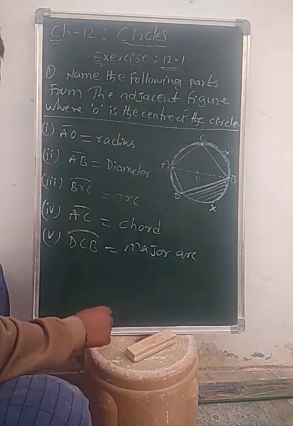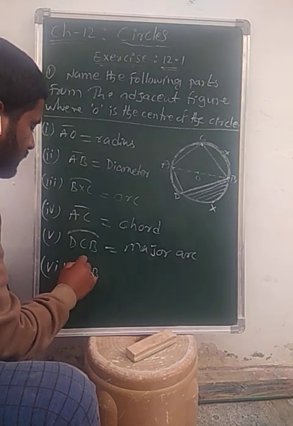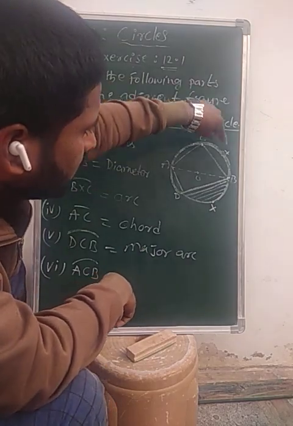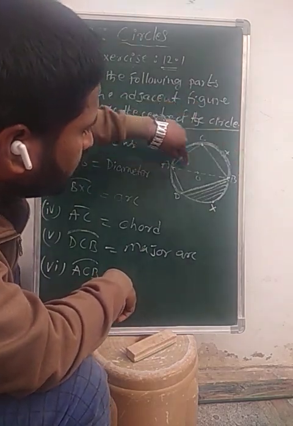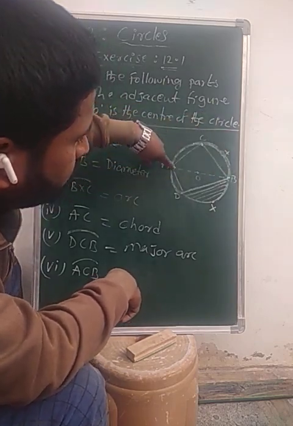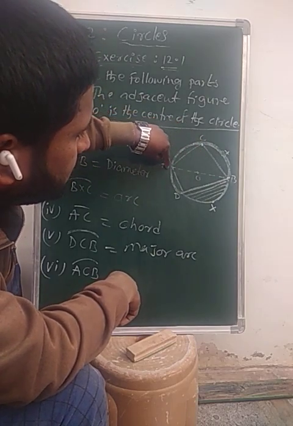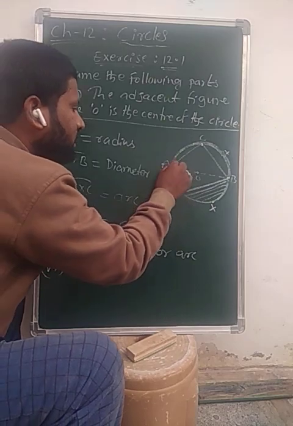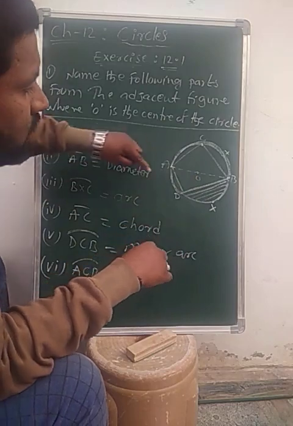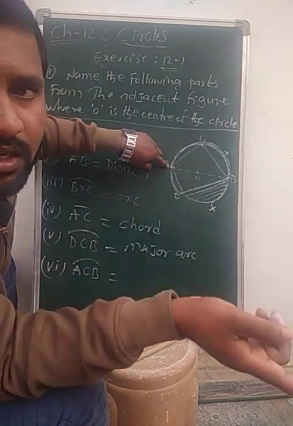Now ACB, question number 6. Try to observe clearly. AB is a chord, and it's a diameter because it passes through the center. And the endpoints of the arc are the endpoints of the diameter AB.